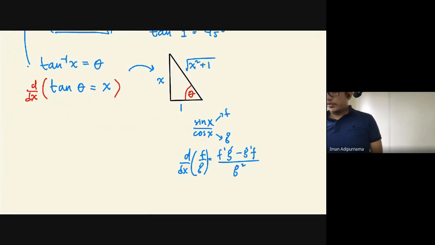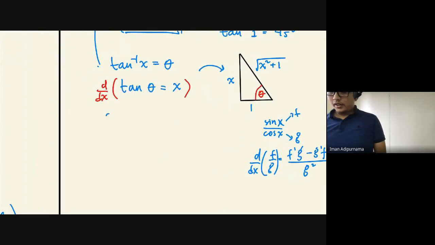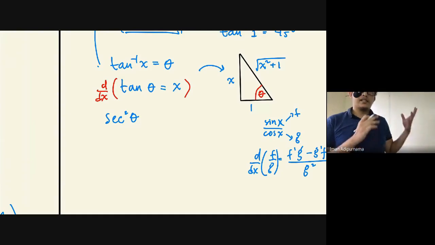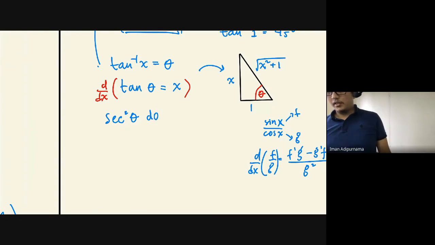So here is secant squared theta, but because it's x, it's implicit, so we need to add d theta dx.